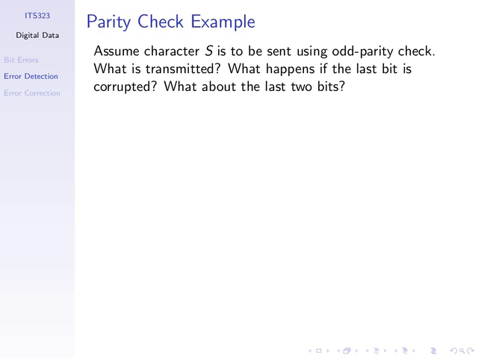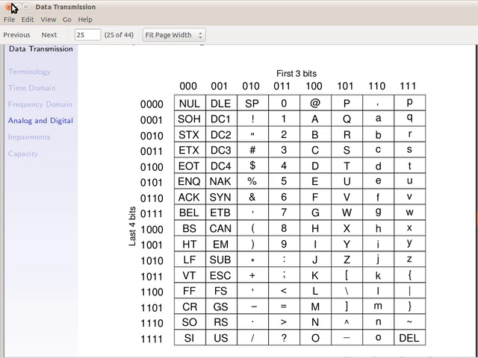And the ASCII table is one way to do that for us. If we look at the ASCII table, from one of our other lecture notes, uppercase S is in fact represented by 7 bits, 101 0011.